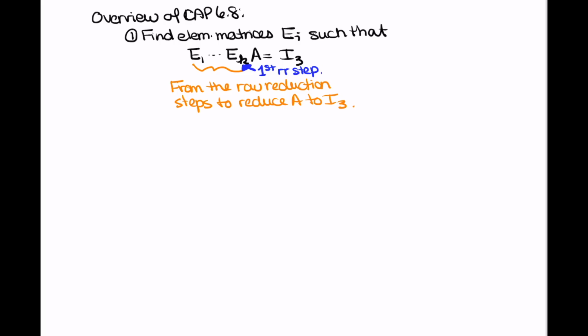Okay, and then the second thing that we did was we then reversed our work from back to forth. So instead of reducing A to I3, we can then also do row reduction steps to go from I3 to A by just doing each one the opposite way.